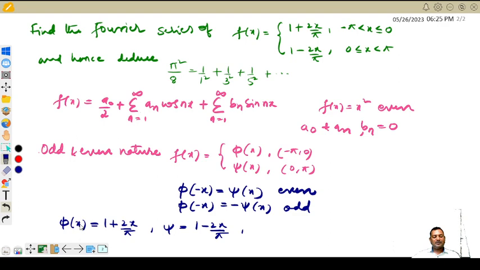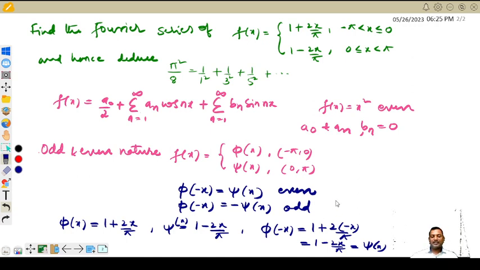Now just substitute x by minus x here. Phi of minus x is equal to 1 plus 2 times of minus x divided by pi, which is the same as 1 minus 2x by pi, which is the same as xi of x. So what we got is phi of minus x equal to xi of x.